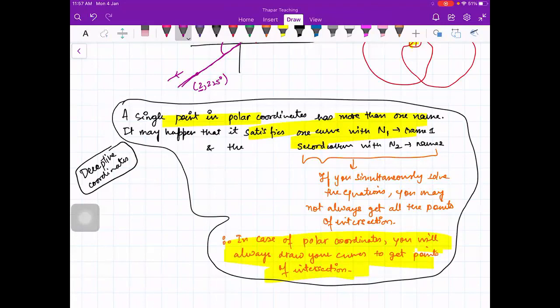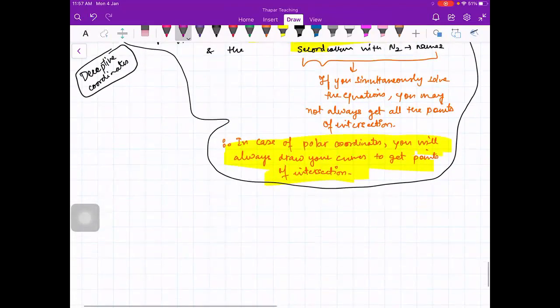Yes, ma'am. Now suppose I have two curves. Let me try to find one. Suppose I have a curve r is equal to 2 cos 2 theta, and I have another curve, r is equal to minus 2 cos 2 theta.